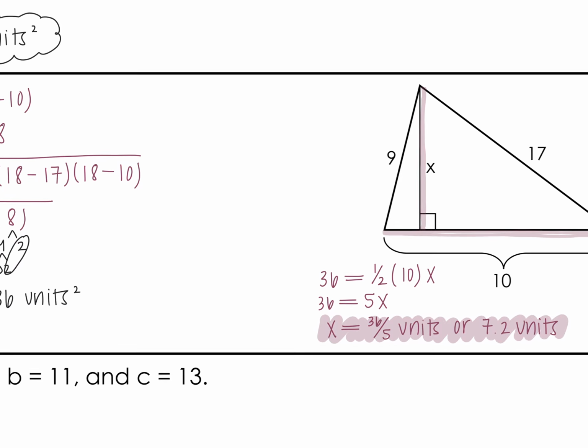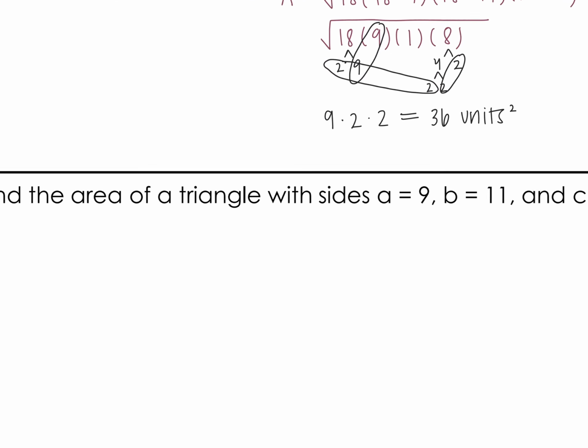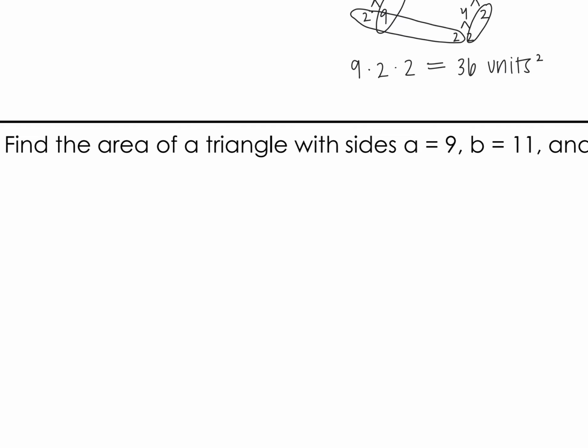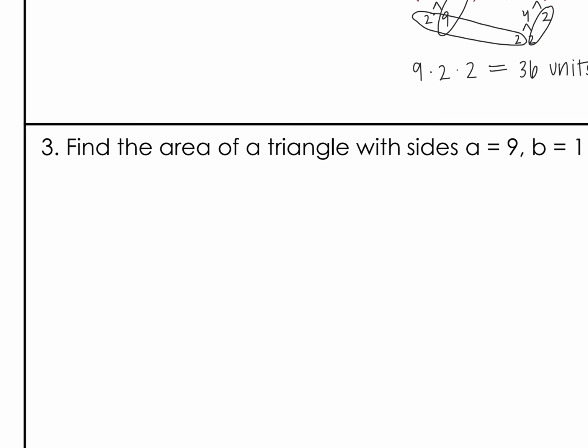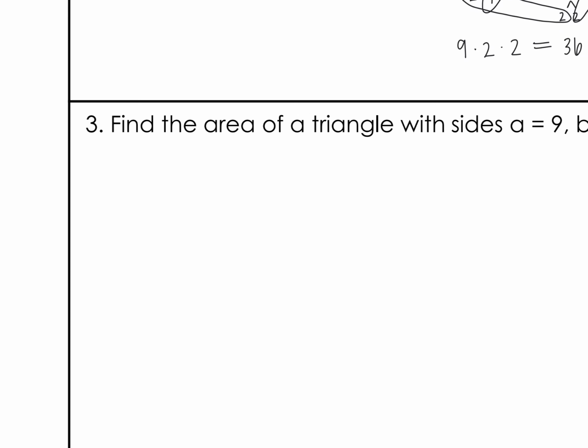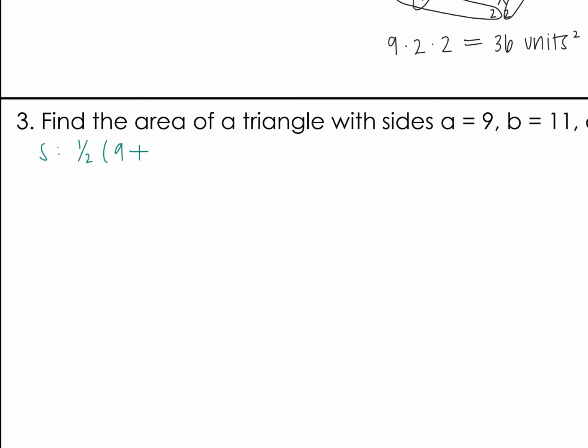Okay, let's move into our next problem, where we have find the area of a triangle with the sides 9, 11, and 13. So we have another Heron's formula. So I'm going to start off by finding my S. We'll have 1/2 times 9 plus 11 plus 13, I believe.